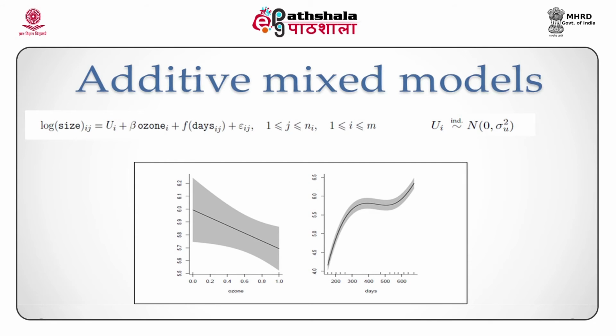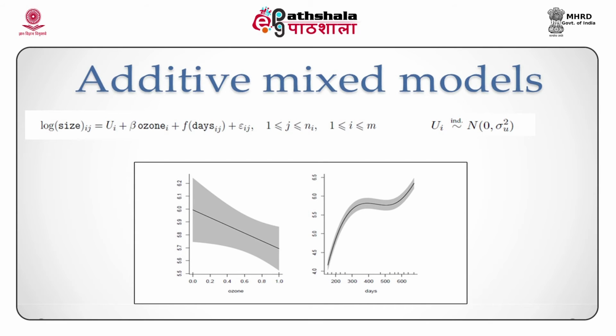It is possible to show that there is a certain mixed model representation which can be used to recover the function f of t. Now, because the mixed model can also be used to handle the random intercept, it turns out to be a very easy way to seamlessly model the effect of a random intercept as well as nonlinearity in response to day, and hence is a very useful tool.